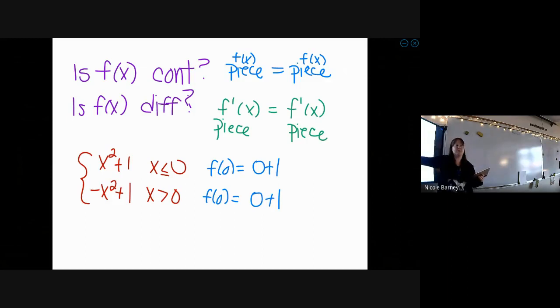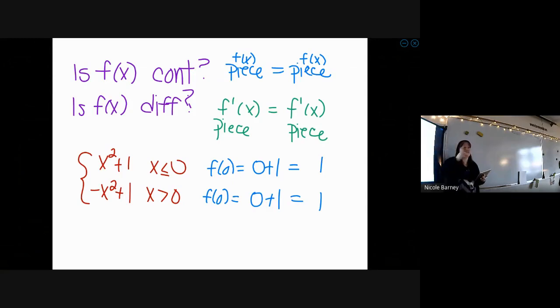I plug 0 into the top and bottom pieces, and I see that these two pieces do in fact equal each other. The top piece and the bottom piece are at the same exact place when x equals 0, which means this touches this at x equals 0. So this one is continuous because the pieces equal each other at 0.